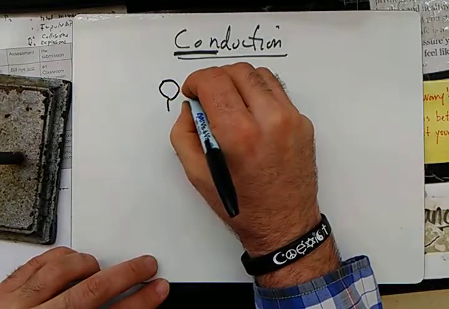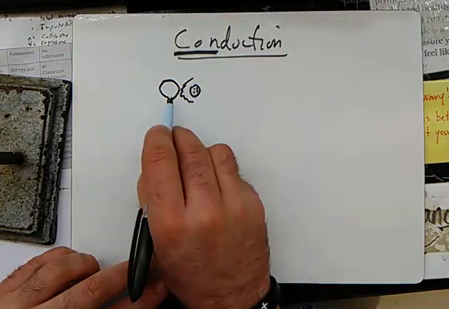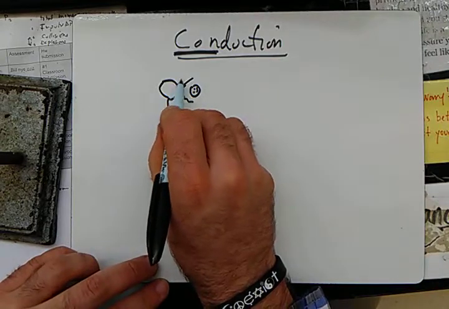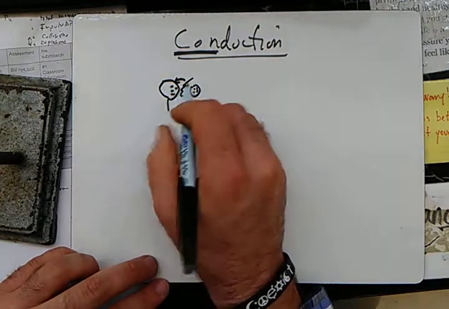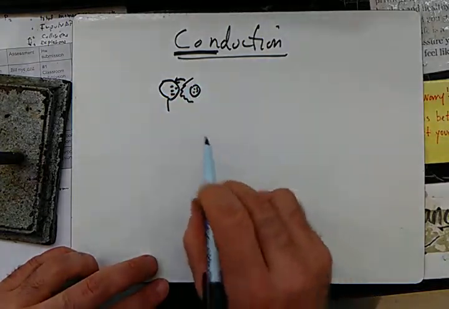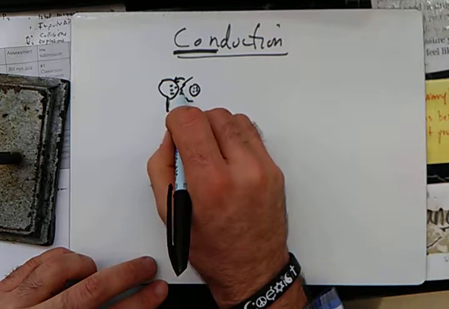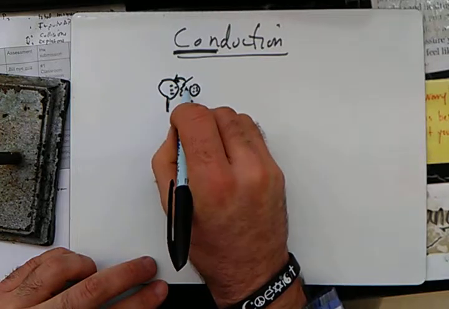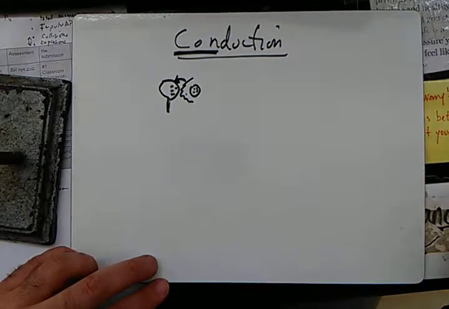We rub a balloon on our hair, and it transfers electric charges to the surface of the balloon, and charges it that way. We actually rub the balloon on something, and that would be our hair or some rabbit fur. That's conduction.